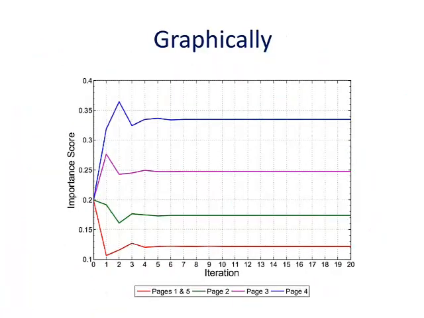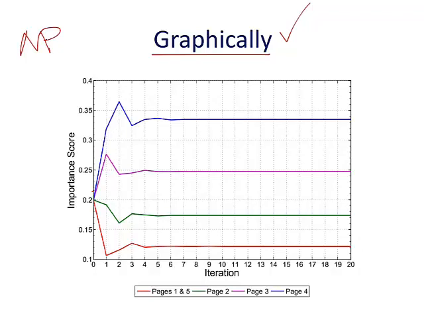So it's pretty interesting to actually look at this if we graph this using computer software to see the importance scores over each iteration. So just like with distributed power control, we can graph this just by continually computing the importance scores over time and feeding them back in through that update equation for the next importance score.